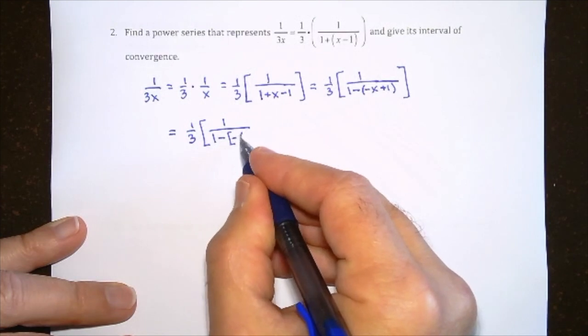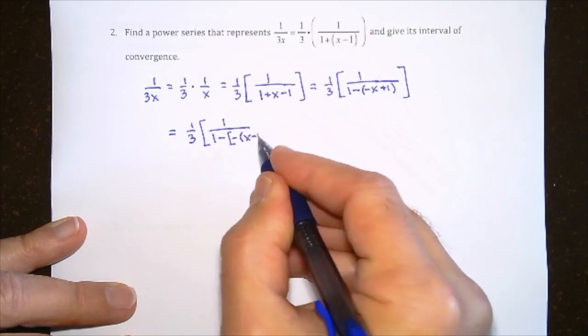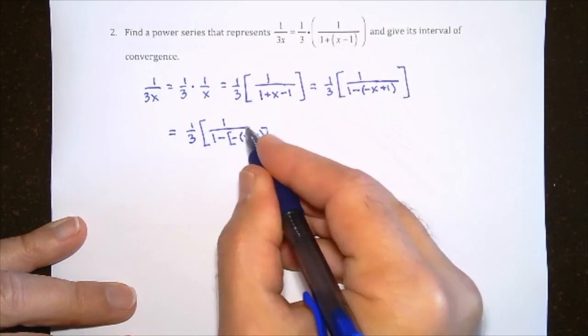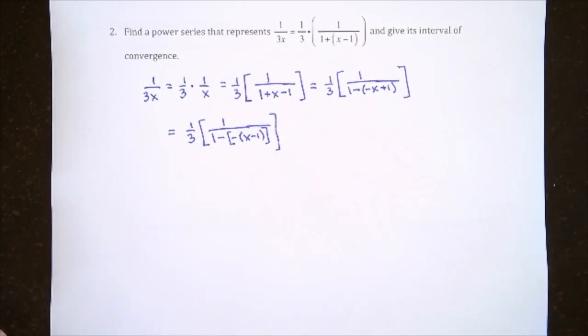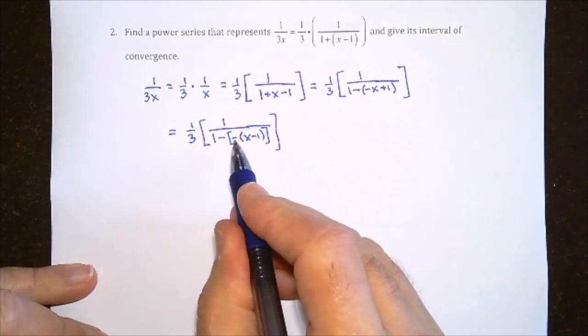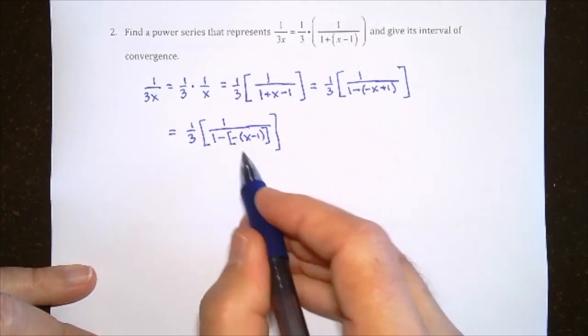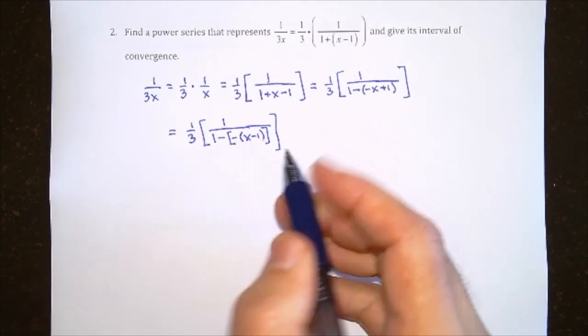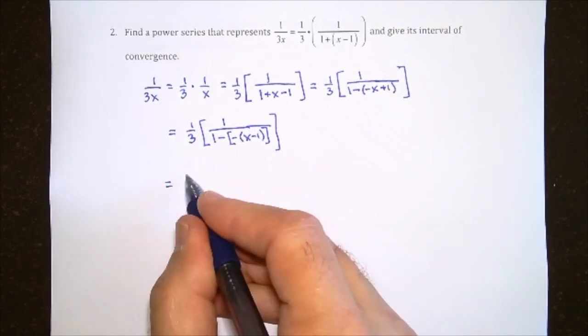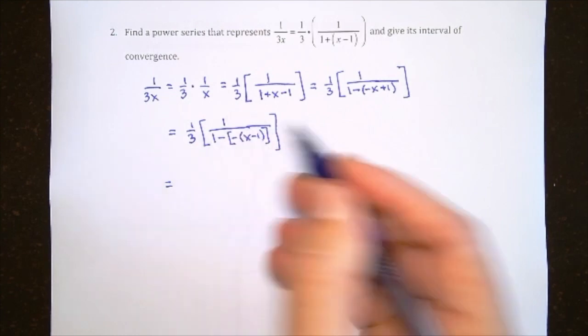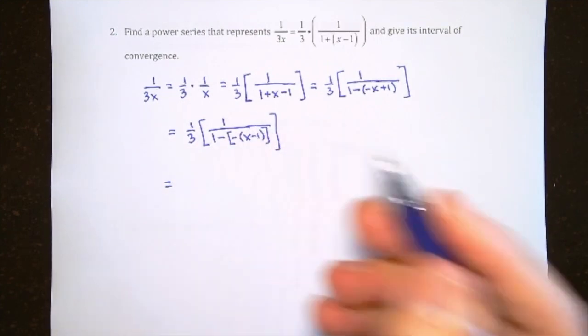So negative, and then parenthesis x minus 1. And again, there are other ways to look at this. Our r is negative of x minus 1, or negative 1 times x minus 1. So this is going to be 1/3 times this, but this can be represented by a geometric series, right?